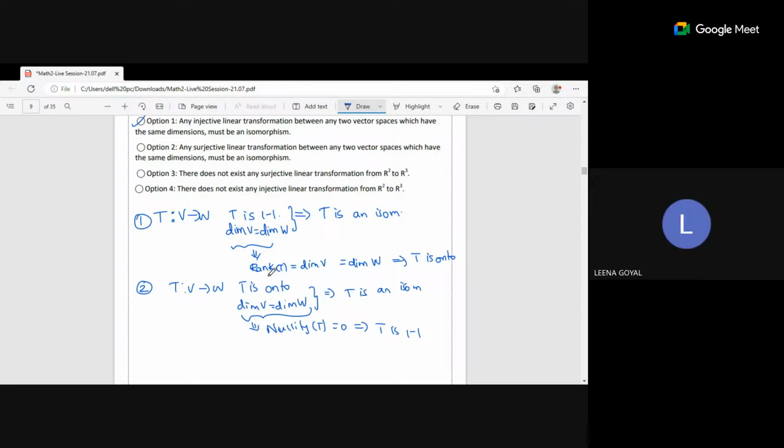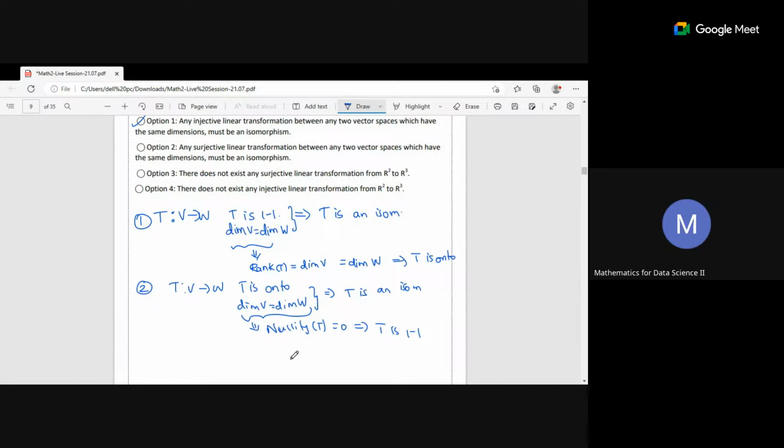But ma'am, we cannot say that the same dimension for domain and codomain must be isomorphic, right? Actually, it is an if and only if condition. If domain and codomain are of finite dimensions and they are equal, then we can find an isomorphism.